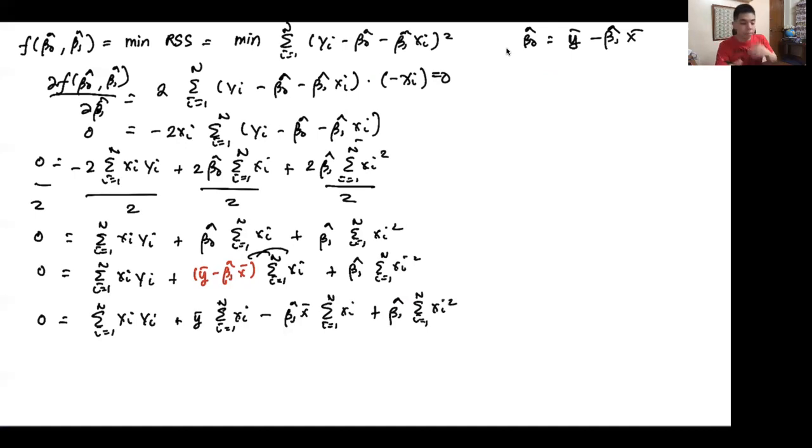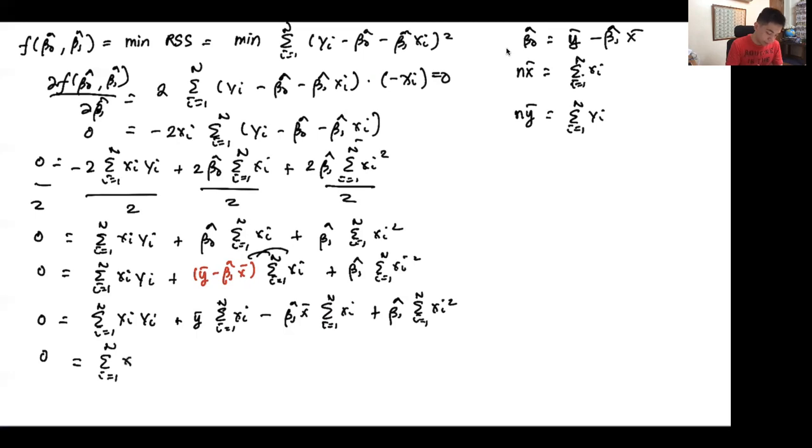Then remember, we had a couple of identities we discussed. So n x bar is just equal to sum i equals 1 to n of x_i. Then you have n y bar, that's sum i equals 1 to n of y_i. So we can apply that here. So you get 0 is equal to sum i equals 1 to n of x_i y_i plus, note this one is n x bar, right?